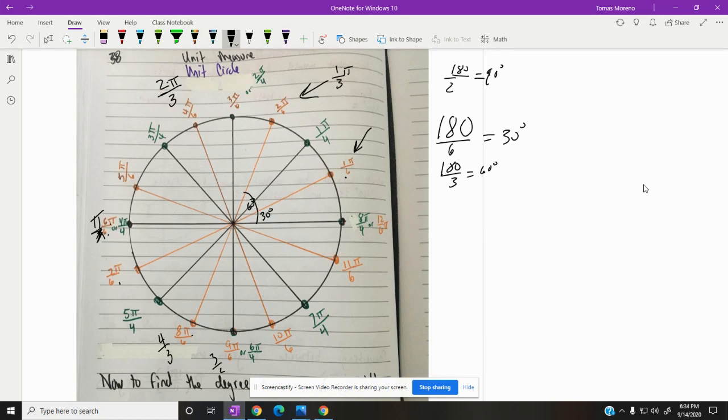And then 10/6, which you'll see as 5/3 pi, right? I'm sorry, these all have a pi, by the way. Then 11/6, they won't reduce that one. And this one, they will reduce, 12/6 would actually just be 2 pi, right? So it goes full circle, right?